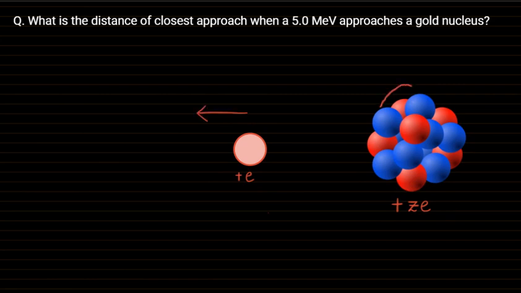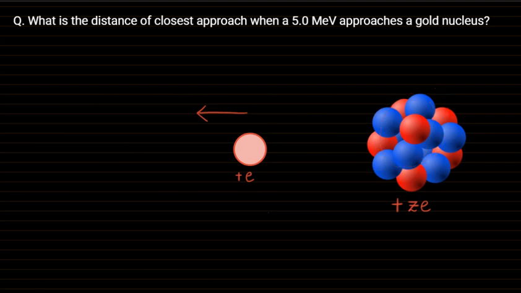Now since your nucleus has more particles, more neutrons and protons, as compared to your incident particle, which has only one proton, therefore your nucleus is heavier. If your nucleus is heavier, it won't change its position. What will happen?